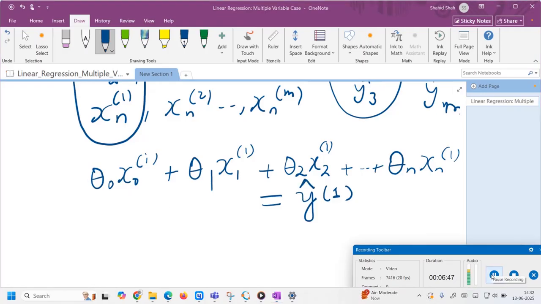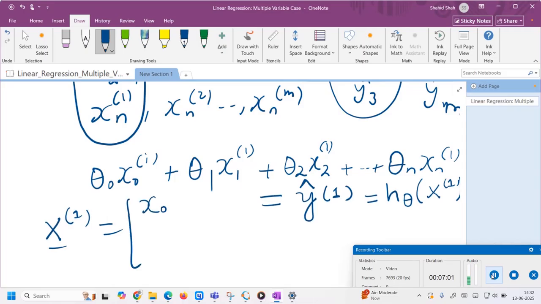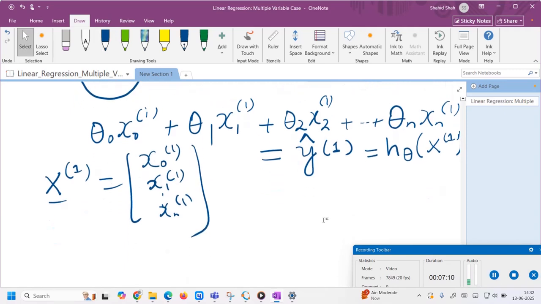Basically this is the estimate, or you can also represent this with h theta of x1. What is this x1? Basically x1 is the vector of all these x01, x11, xn1. So you can write it in both ways.